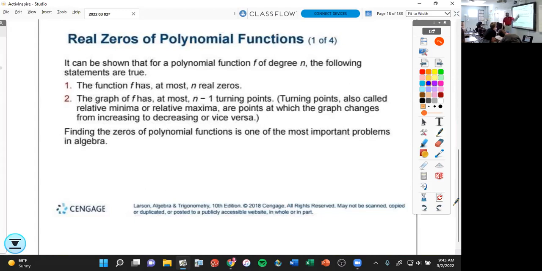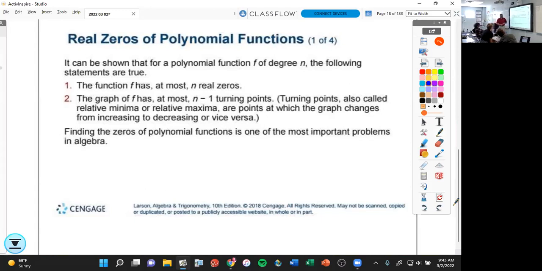The graph has at most, right? If I was going to graph f of x equals x to the 22nd power, how many times does it turn? Once, right? It only turns once.